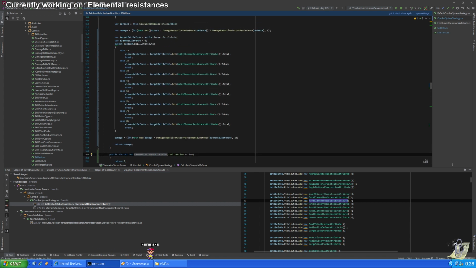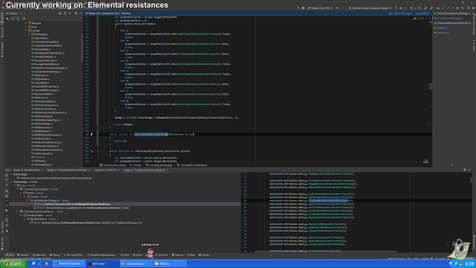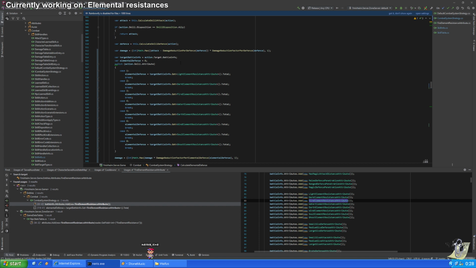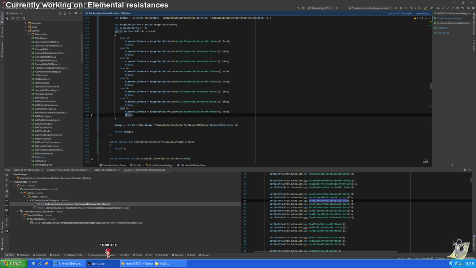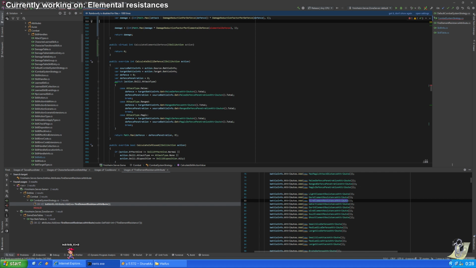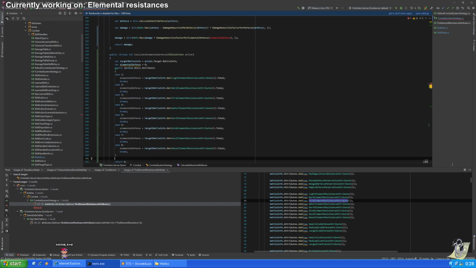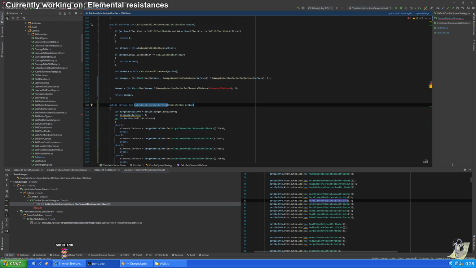So, and now to make it a little bit nicer, I want to separate this in a separate method. So this is gonna be something like that. Elemental defense.